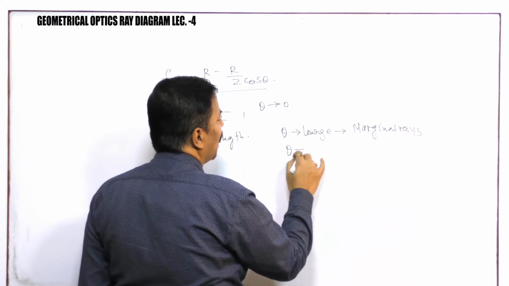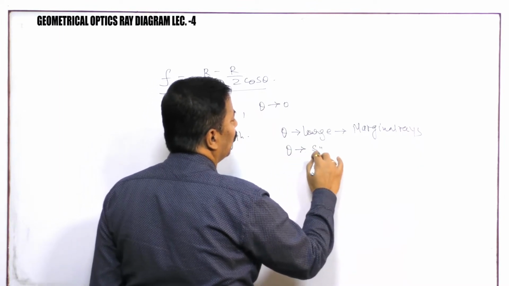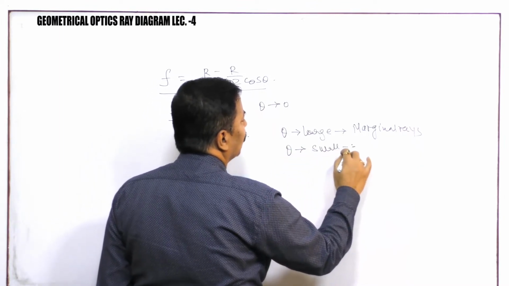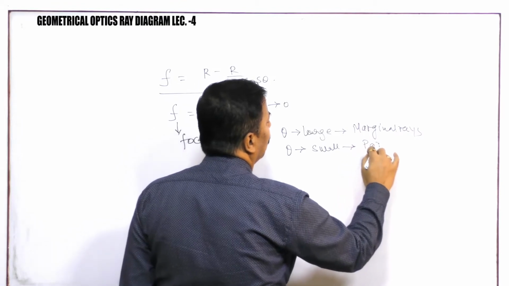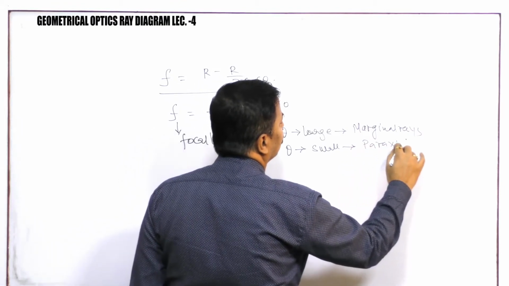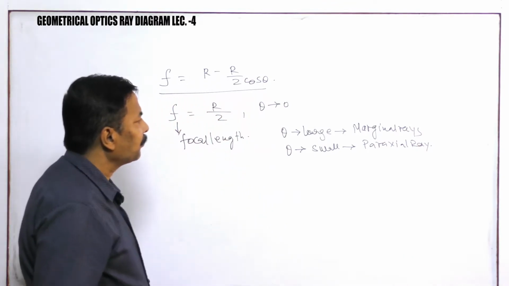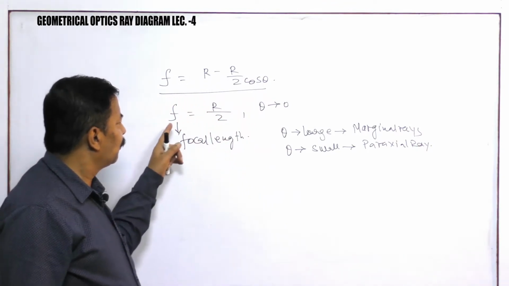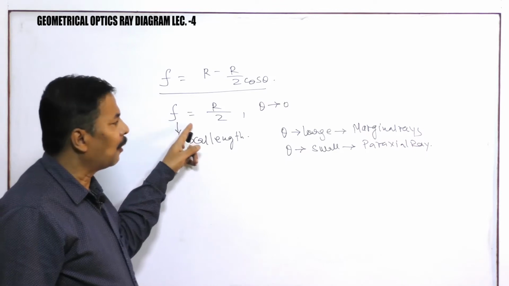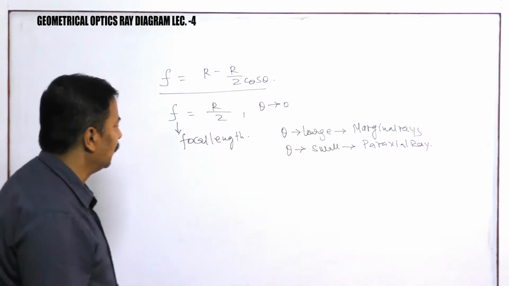And if theta has a very small value, then such rays are called paraxial rays. Now, this focus is defined for paraxial rays only.